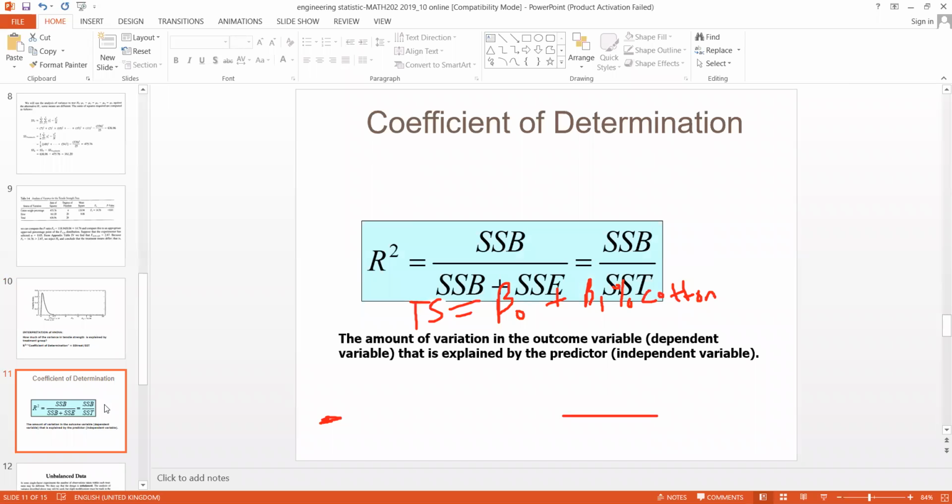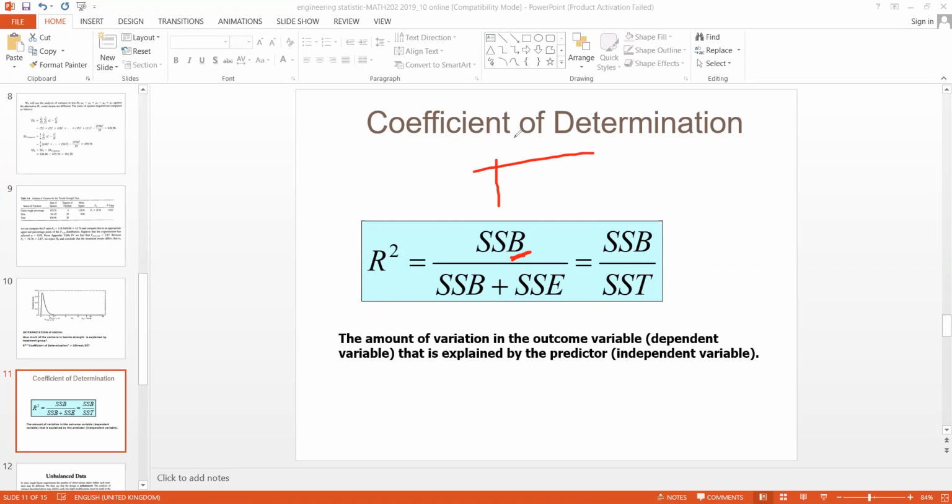For a more general formula, because sometimes the ANOVA is no more one-way, we can also do a two-way analysis of variance. So R squared is equal to the sum of squares treatment over... you see here we are talking about blocks, so we have more than one treatment.